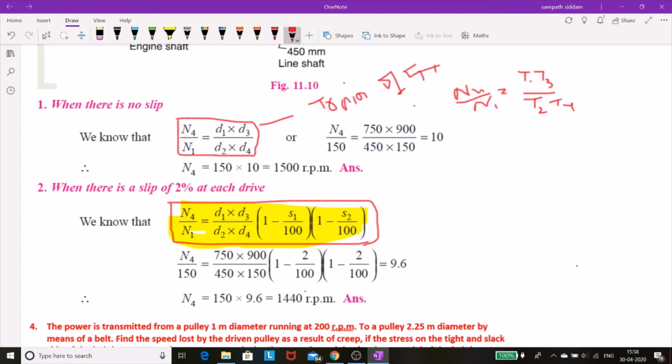Finally, if I substitute, I got the N4 speed as 1440. Here it is 1500. So due to slip there is a loss of 60 rpm.